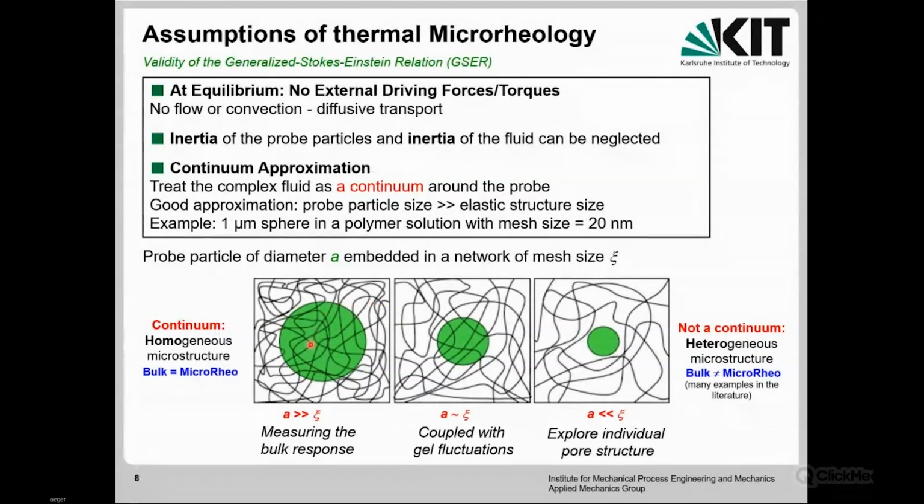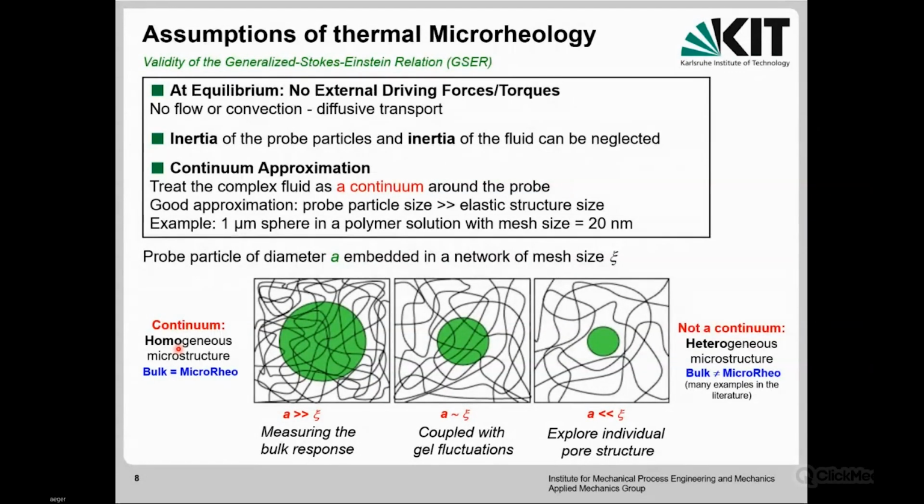Basically, if you probe a network with a certain mesh size, and you use tracer particles which are much larger than the mesh size, then you are measuring the bulk response. So in that case, microrheology measures similar properties to bulk rheology. This is the continuum approximation.